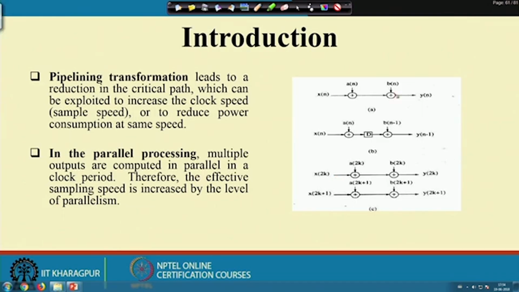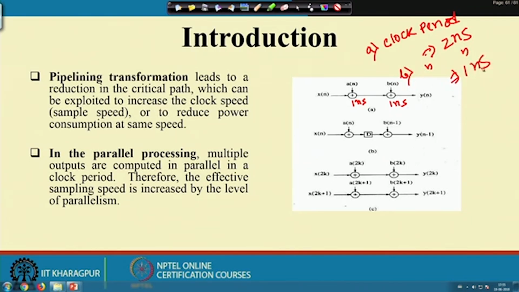Initially in these two cases, if this is 1 nanosecond and this is 1 nanosecond, for the A case the minimum clock period I require is 2 nanosecond, right. But for the B case, the minimum clock period requirement becomes 1 nanosecond. So here I am increasing the speed by 2.